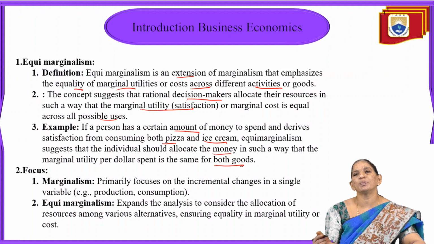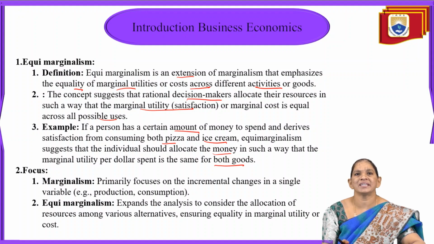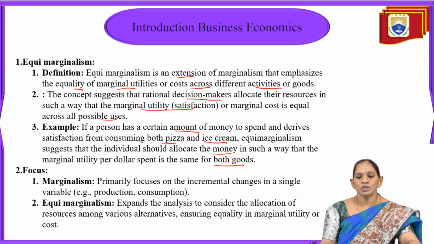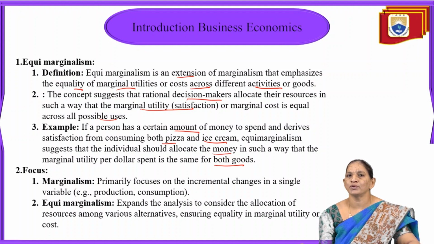Means we should spend in such a way that the individual gets maximum or equalized satisfaction by spending some amount on one product, maybe pizza, and some amount on the ice cream. So these are the two concepts we can evaluate relating to marginalism and equi-marginalism.